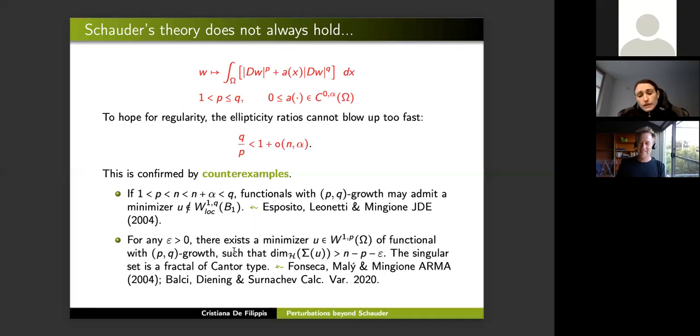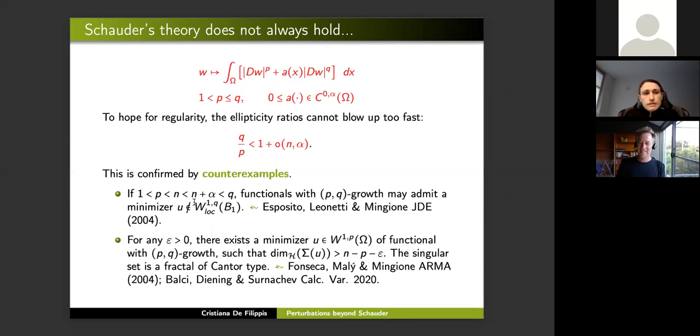You can again violate this constraint and construct minimizers of double phase functional whose set of non-Lebesgue points has almost maximal Hausdorff dimension, and moreover, it is a fractal of Cantor type. And this doesn't make these minimizers any better than any of their competitors.